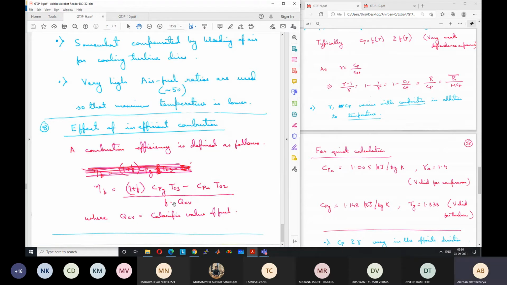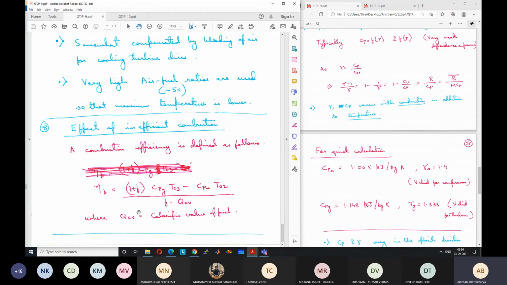Per unit mass flow rate of air, the amount of fuel is equal to F. In dimensional terms, the amount of fuel is m dot F; per unit mass flow rate, it is m dot F by m dot A, which is equal to F. So F into QCV. Typically this value is around 98%.